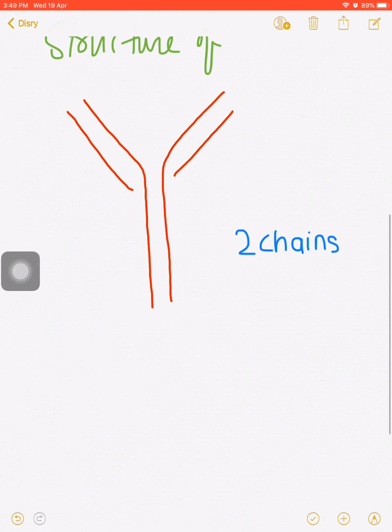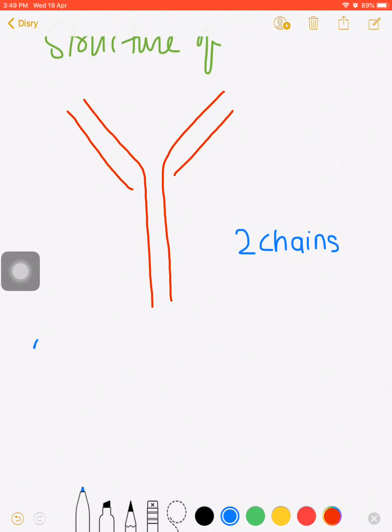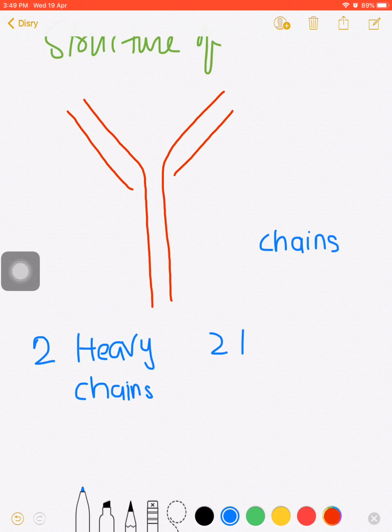There are four chains: two heavy chains and two light chains.